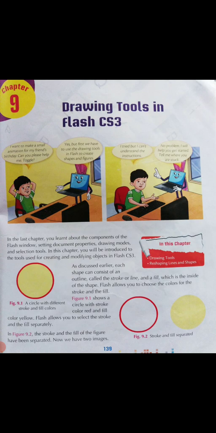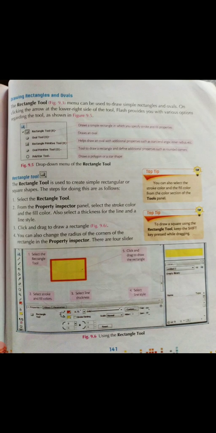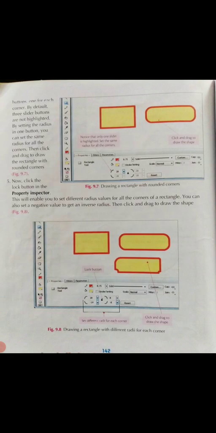So students, I have explained you today about drawing rectangles and ovals and how you can start a rectangle tool. Clear? I think no doubts regarding this. If anyone has any sort of doubt, you can call me up, or else you can give a message.